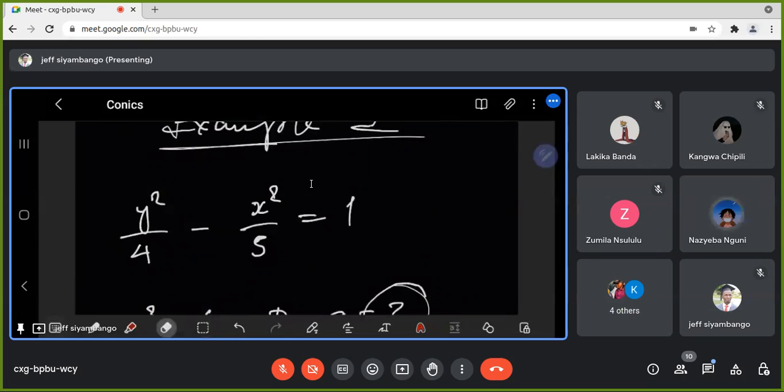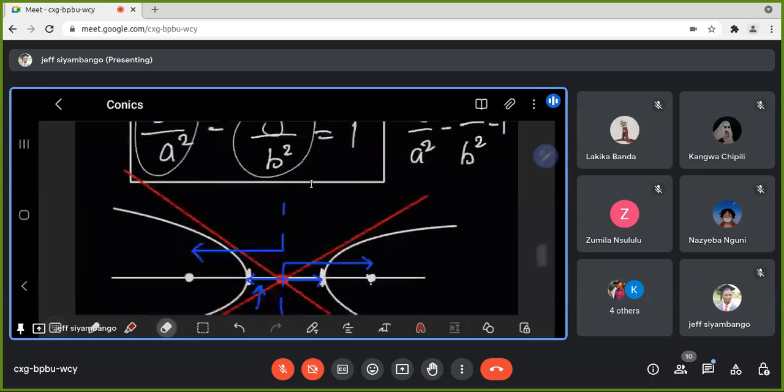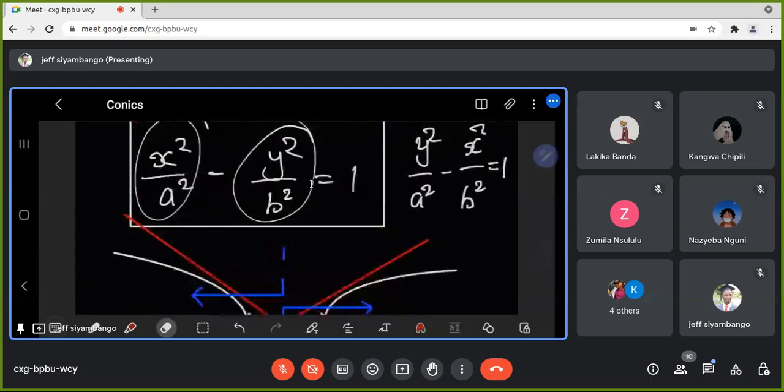Okay. Like in this case, if you recall here, when y was negative, the principal axis was along the x-axis, the positive term. You've seen that? All right, okay. Yes. Okay, so basically this is how it goes.